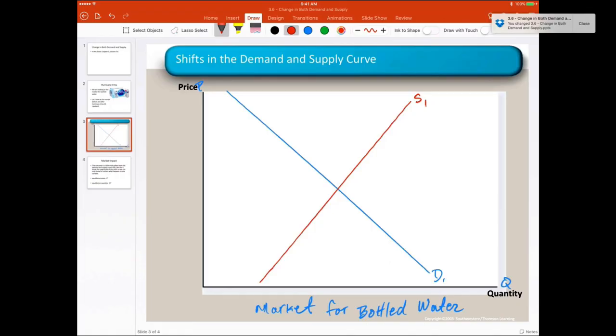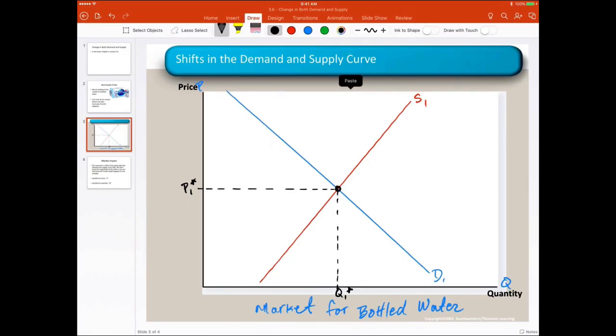As usual, let's put in our equilibrium price and quantity, P1 star and Q1 star. This is the market for bottled water before the hurricane hits.